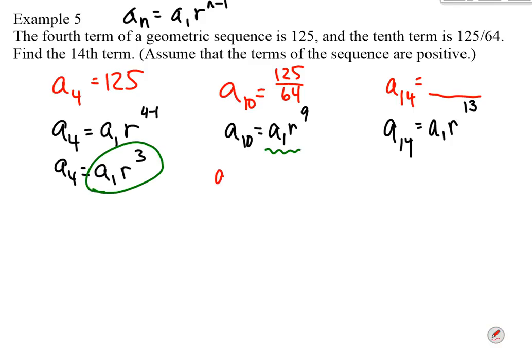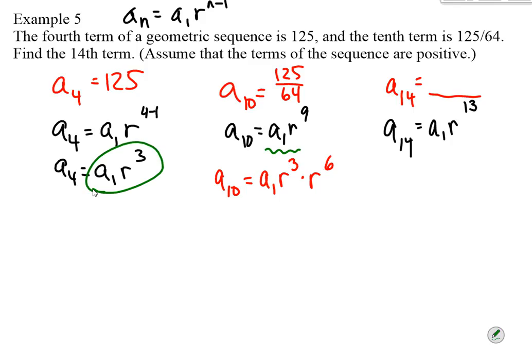So I'm going to write a sub 10 is a sub 1 r to the third times r to the, what would that be? To make 9, we add exponents when we're multiplying, so to the 6th. So now I know what a sub 10 is: 125 over 64. I know what this is because it's a sub 4.